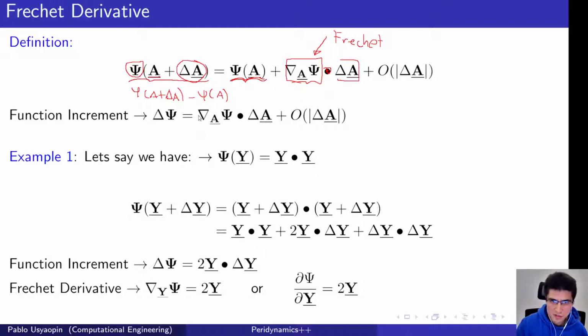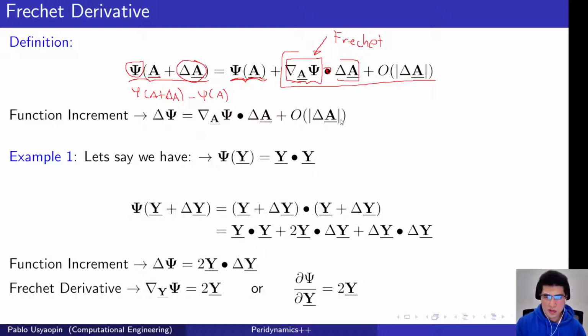What remains is this Frechet derivative, the gradient of the function, times the increment, and some other smaller terms, function of the magnitude of this increment that you added. Yeah. So what does this mean using a practical example?